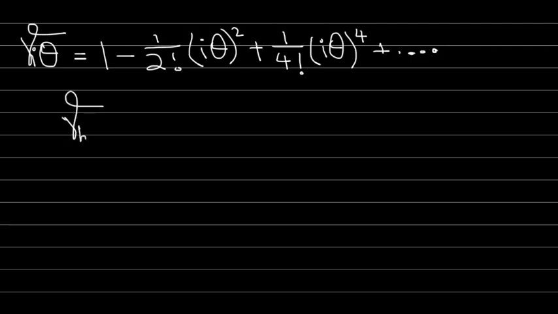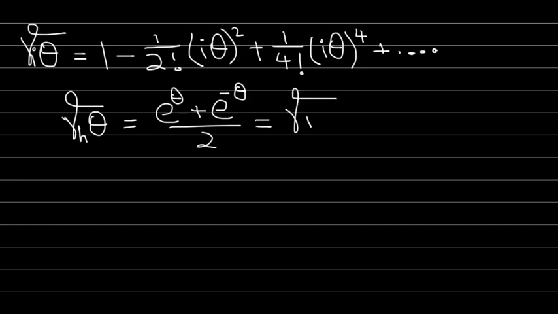So my cosine hyperbolic of theta is equal to exponential of theta plus exponential of negative theta over 2, which is equal to cosine of iota times theta. So this abstract definition of cosine theta allowed us to see this connection between the hyperbolic trigonometric functions and cosine of iota theta.